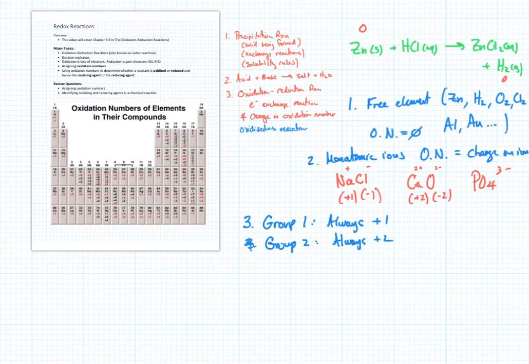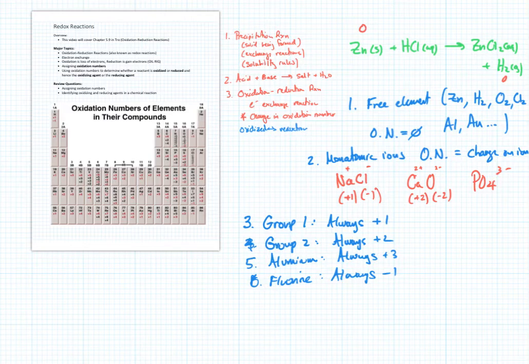Group 13, aluminum, always +3. Fluorine, always -1. If you're trying to memorize a list of things, you might as well start with the things that don't have any exceptions. Okay, so group 1, group 2, aluminum, fluorine, those are always assigned certain numbers.